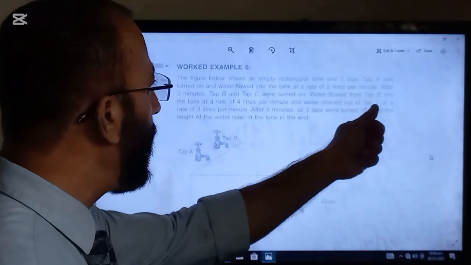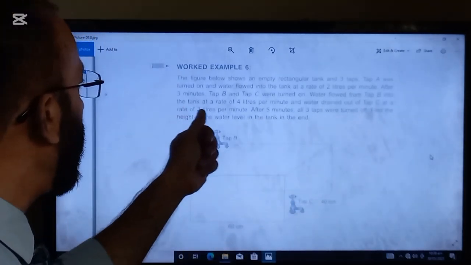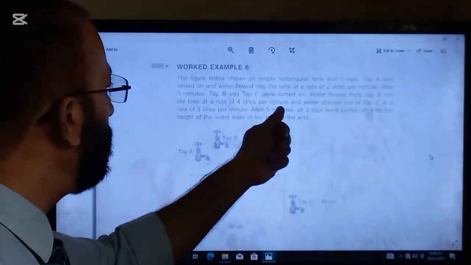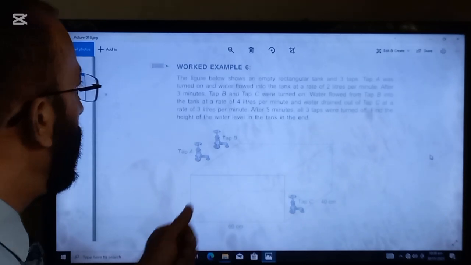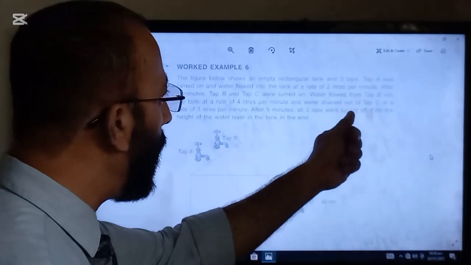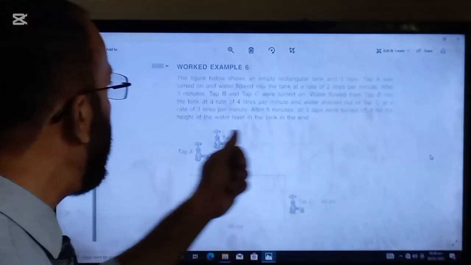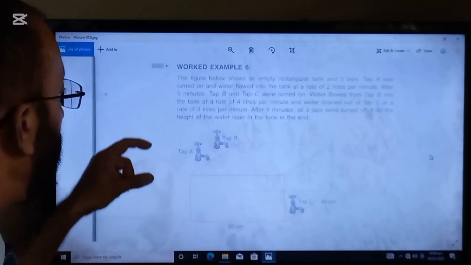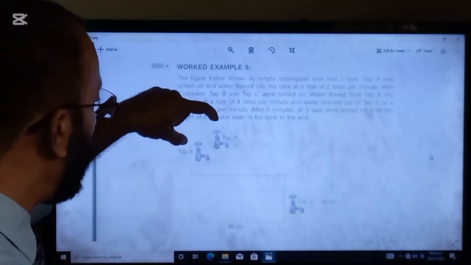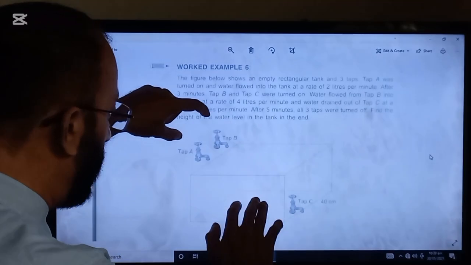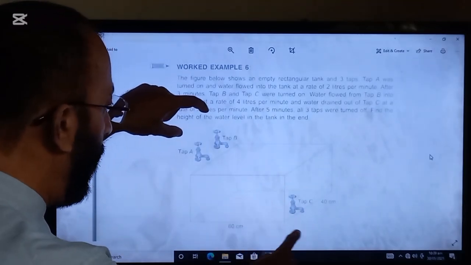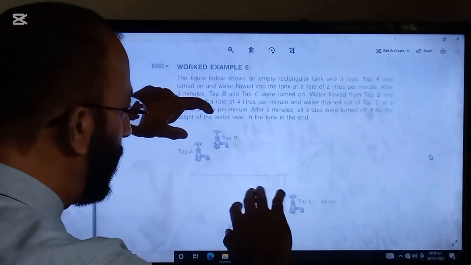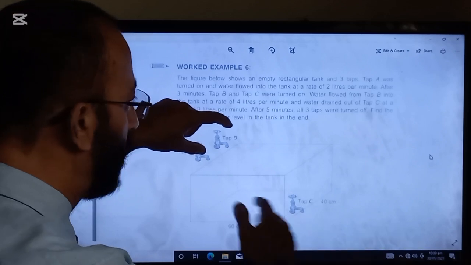Water flowed from tap B into the tank at a rate of 4 liters per minute, and water drained out of tap C at a rate of 3 liters per minute. So it means these 2 taps are actually putting water into the tank, and this tap C is actually draining the water from the tank.